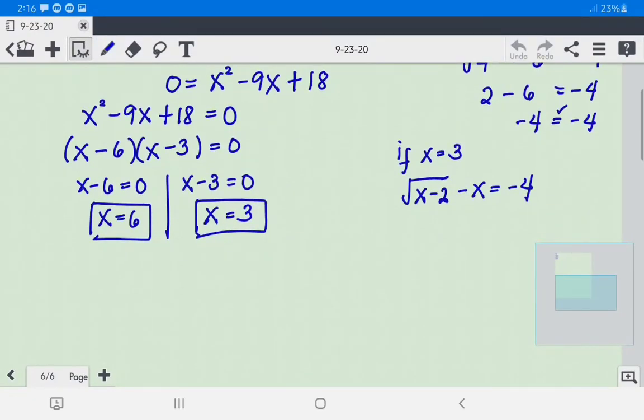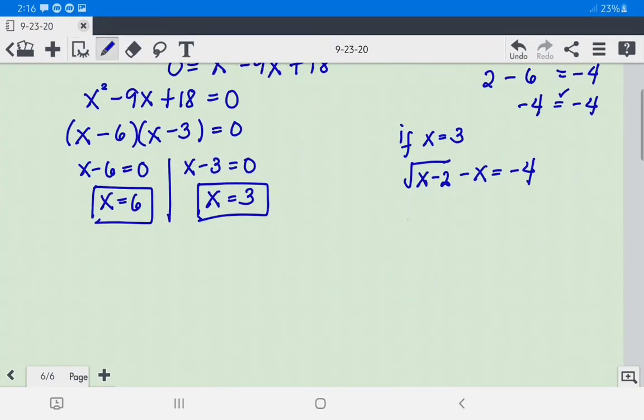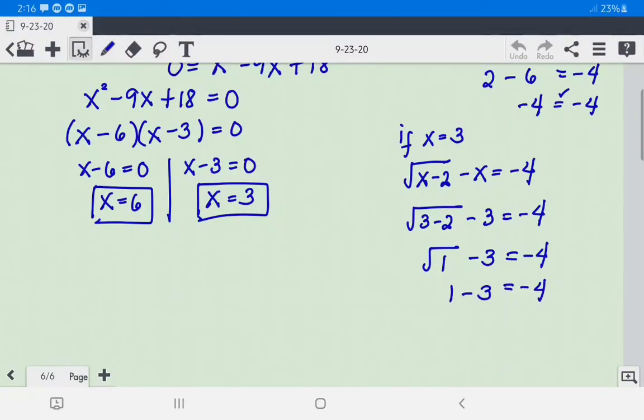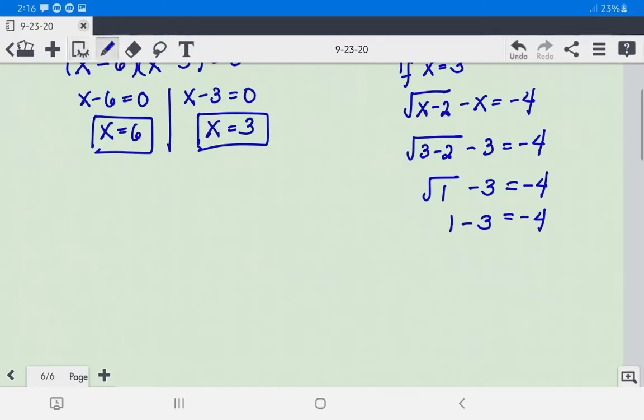Let us substitute. The value of x is 3, so 3 minus 2, minus 3 equals negative 4. So 3 minus 2, we have 1. The square root of 1 is 1. Minus 3 equals negative 4. 1 minus 3, we have negative 2 equals negative 4.